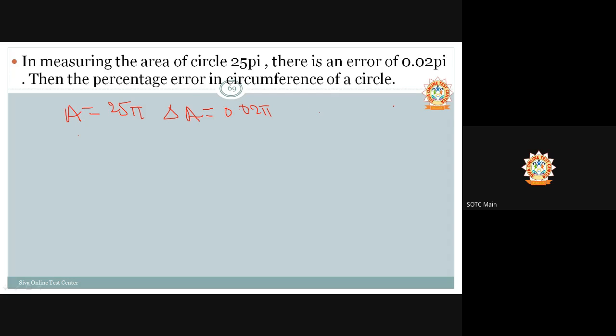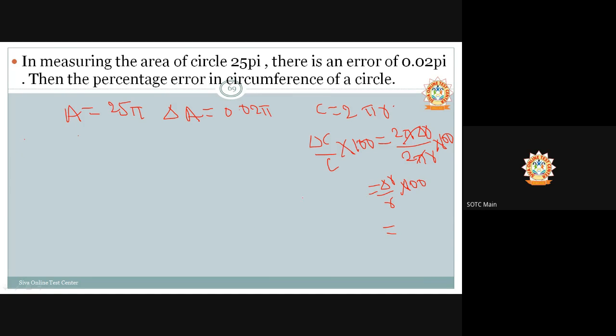Let us suppose c is the circumference, that is equal to 2 pi r. They are asking del c by c into 100. So what is your del c? Nothing but 2 into pi into del r, divided by 2 pi r, into 100. So 2 pi will get cancelled. You will get del r by r into 100. So this is your percentage error in the circumference.